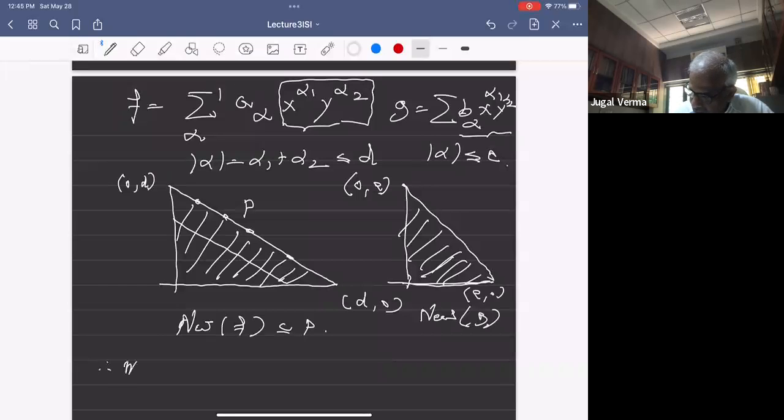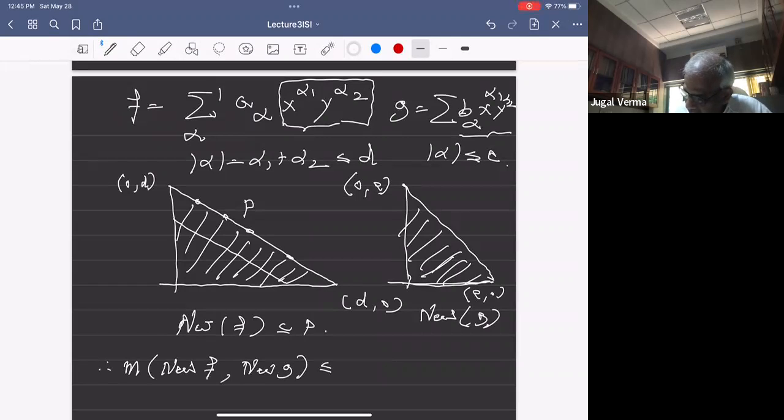Now one proves that if you replace polytopes by bigger polytopes, then the mixed area may increase; it cannot decrease.